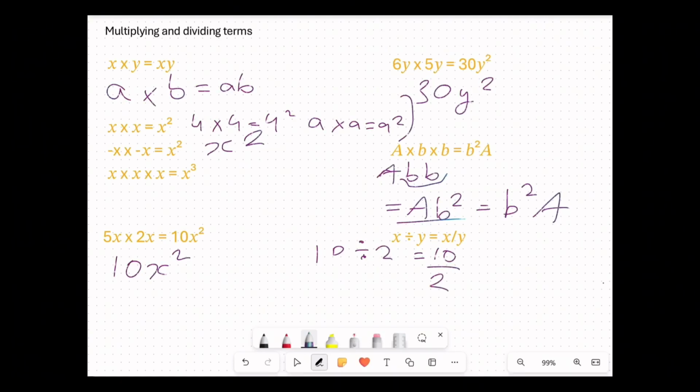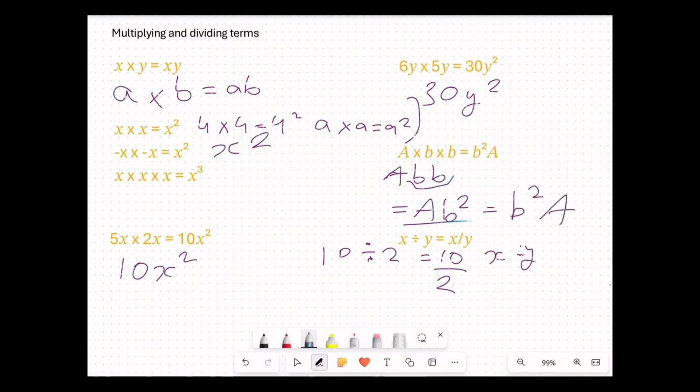The same we can take with x and y. x divided by y equals x over y. Also, for the 10 and 2 example, we know that 10 over 2 is 5.